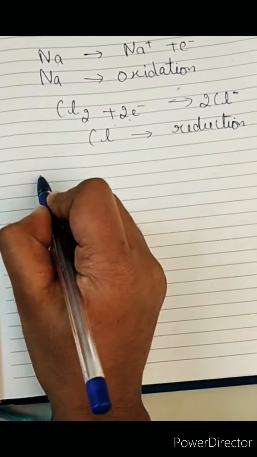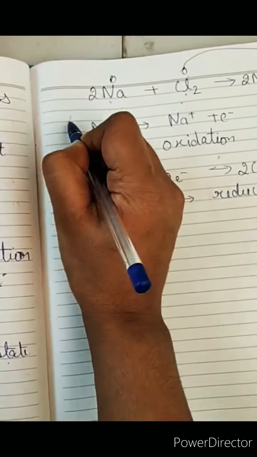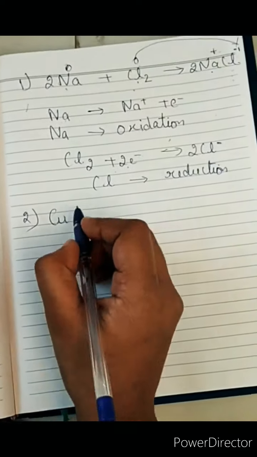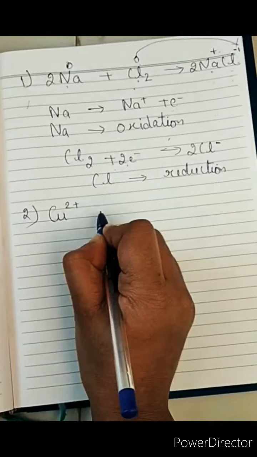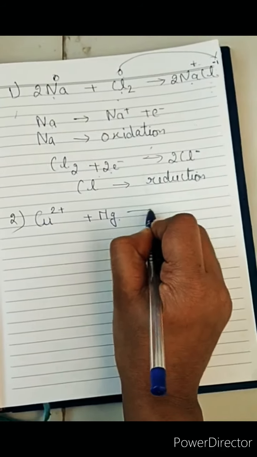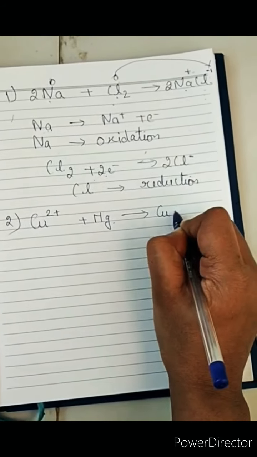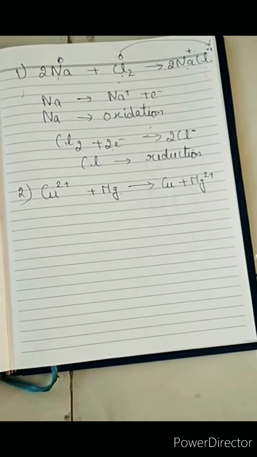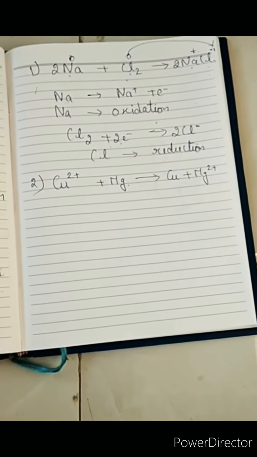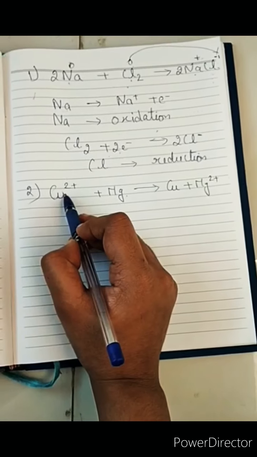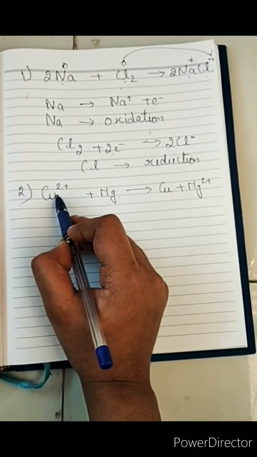Let's say we have, this is our first example. Let's take a second example: Cu2+ plus Mg gives you Cu plus Mg2+. Now look, here is 2 positive, right?